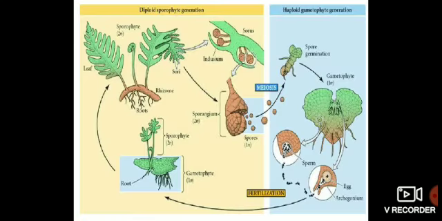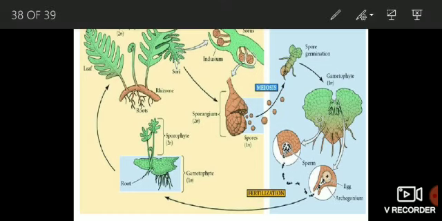Let us recapitulate what we have studied so far about pteridophytes. You know that pteridophytes have the sporophyte as the dominant phase of their life cycle. They produce spores and sporangia. Here you can see a number of sporangia.